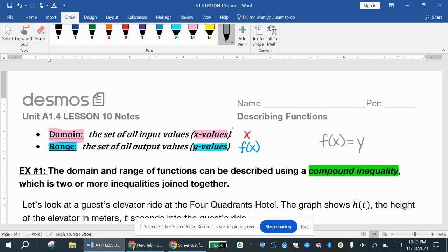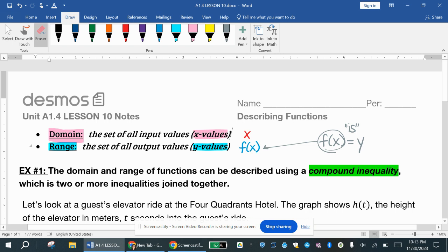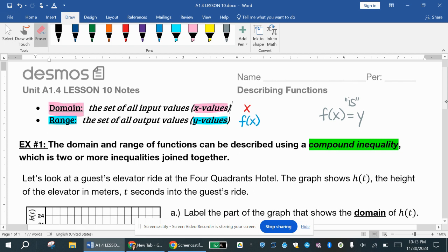So if I read this out loud, instead of saying f of x equals y, this says f of x is y. So see, f of x is the y. Check it out, right? So the y values you can write as f of x. Now remember, f is just the name of the function, but it could be any letter: f of x, g of x, m of x, q of x.